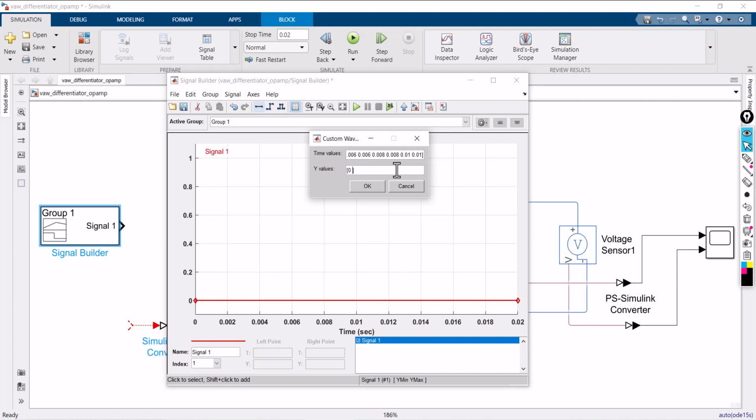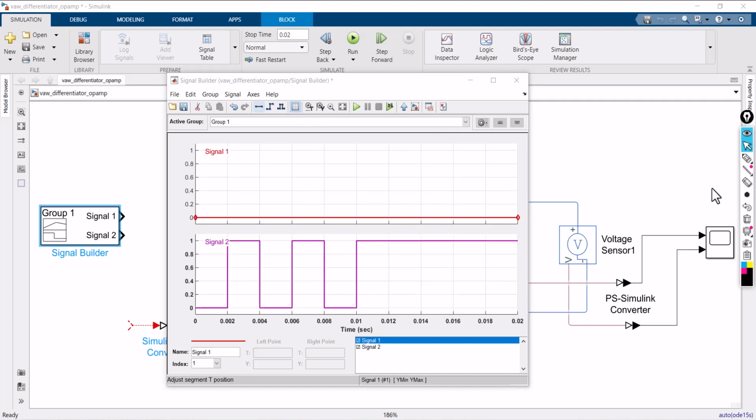0, 0, 1, 1, 1. Now totally 11 values are there. Click OK.